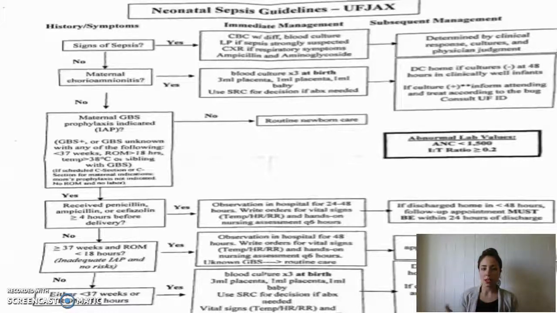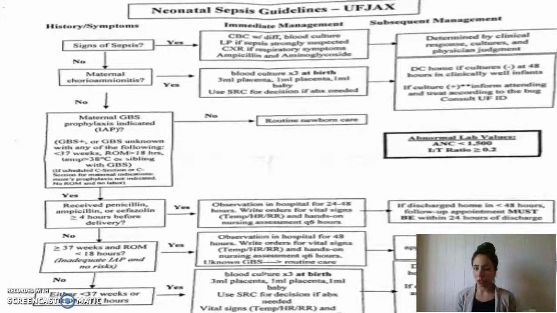This is the algorithm for the study being done, and the main difference is, if you have a baby with signs of sepsis, you're going to send the blood cultures and you're going to treat with antibiotics, but based on the clinical response and cultures, so there's some physician judgment involved in the treatment there.